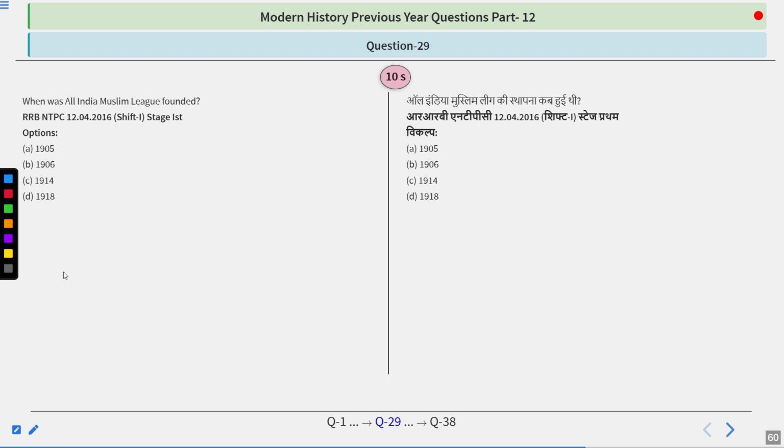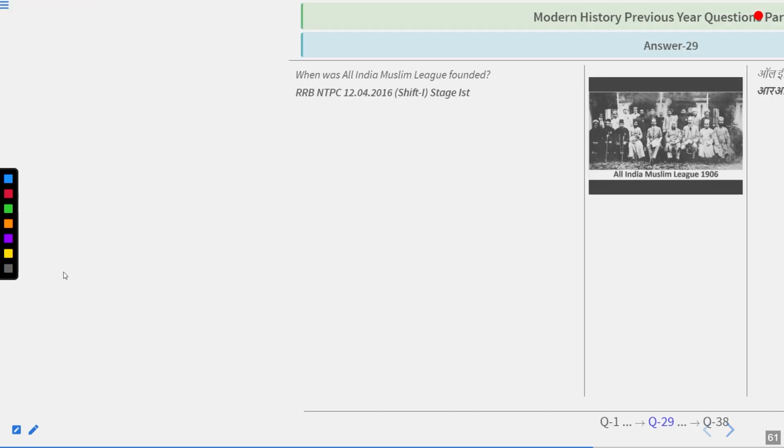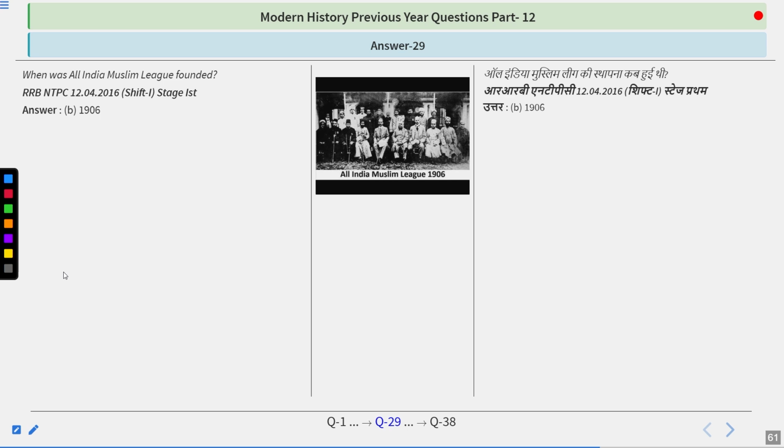When was All India Muslim League founded? 1905, 1906, 1914 or 1918? And I guess the answer you are giving is quite right, because the answer is 1906.